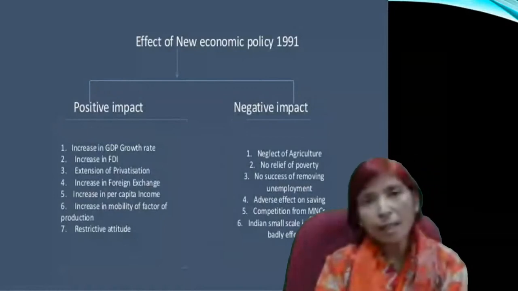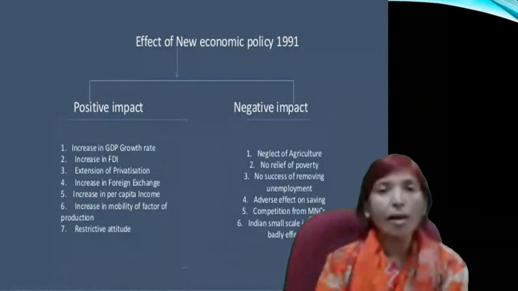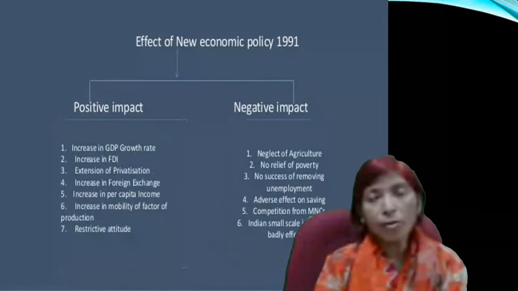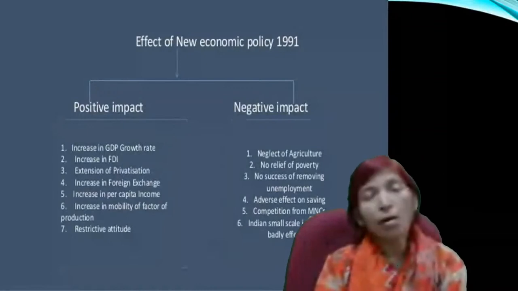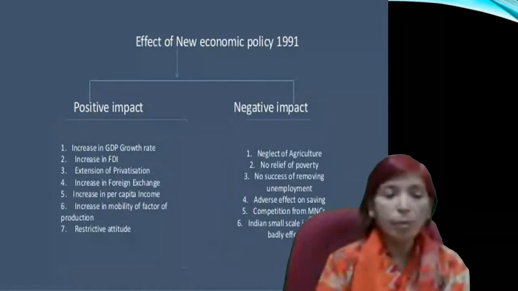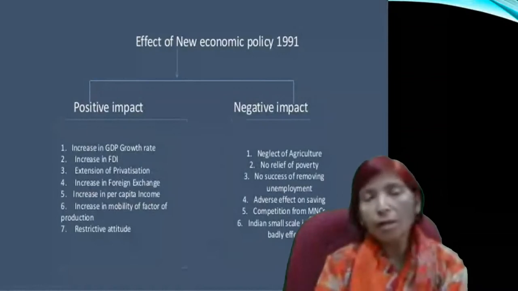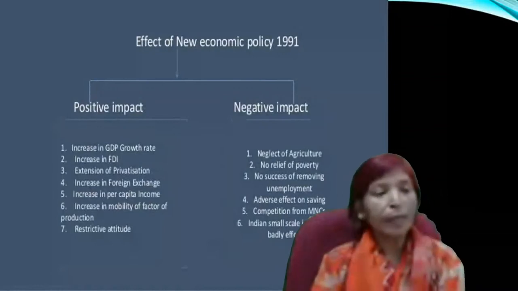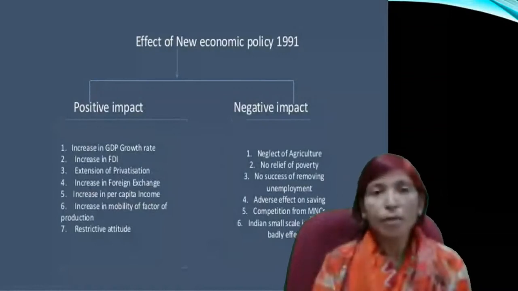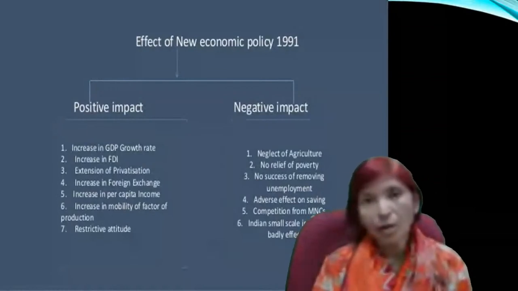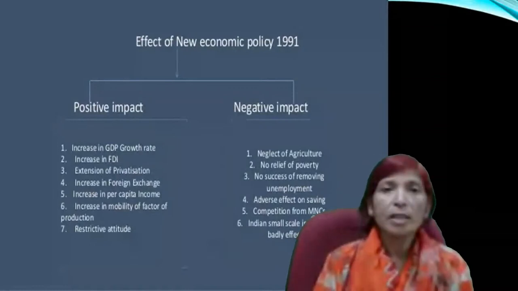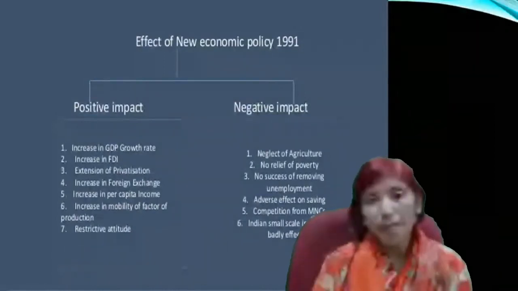That's why mobility, inflow, outflow, outsourcing, all these things are possible only with the help of globalization. And the restrictive attitude of the government was converted into liberalization, where the government freely gives permission for trade.